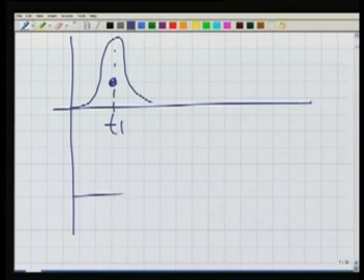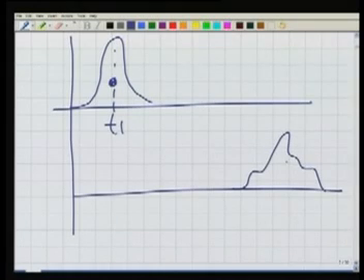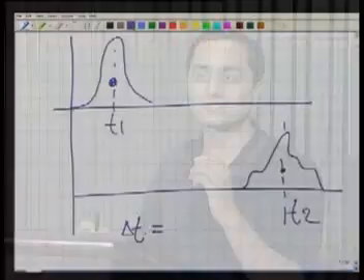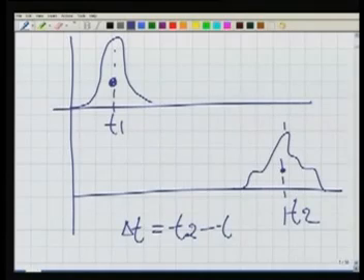Now, this pulse comes back to us after some time, and that is the centroid of this pulse, and let us say the time at that moment is t2. So, the time taken for this pulse to start from the transmitter, go to the reflector and come back again is t2 minus t1. That is the time taken.